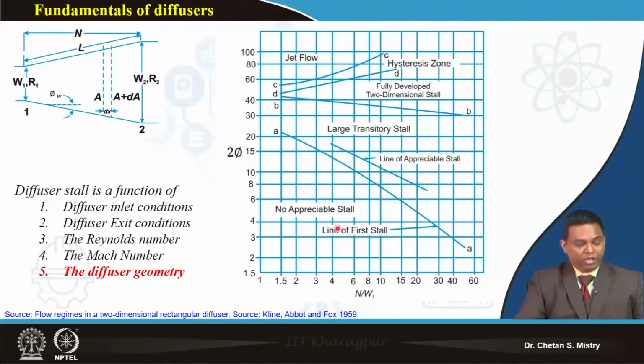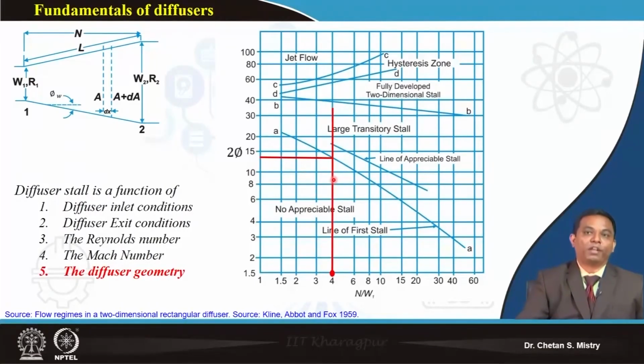So, if you look at it, as we have discussed, let me go selectively. Let us say we select N by W1 as 4, and if I extend that on my y axis, that gives me my divergence angle. It says if my divergence angle is less than 14 degrees, I will not have any stall, and that is my requirement.